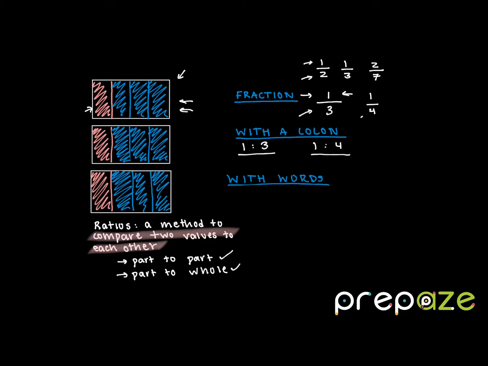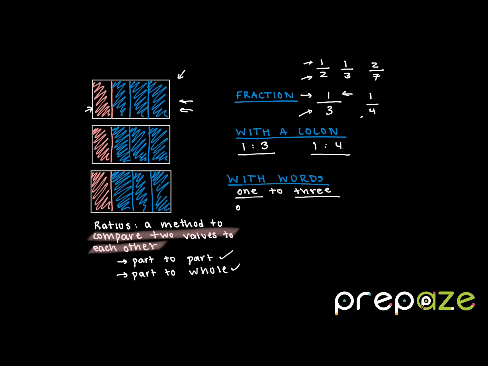And then finally, we have with words. And how I've actually been saying these ratios is how you write these with words. So if I were to write a part to part ratio, I could say 1 to 3, like this, which basically means for every 1 pink part, we're going to have 3 blue parts.